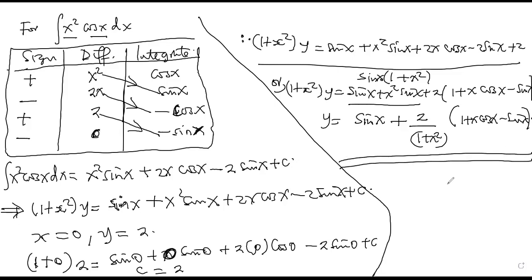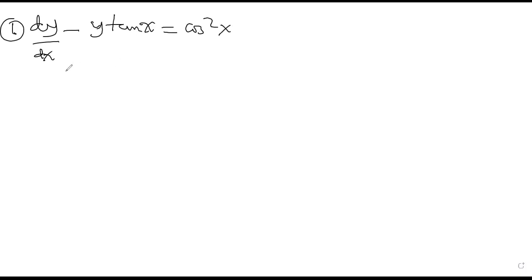So that is what we have, and I'm giving you 2 numbers to do as exercise, then we see how best you can progress. So exercise, I want you to solve these equations: dy/dx minus y tan x equals cos squared x.